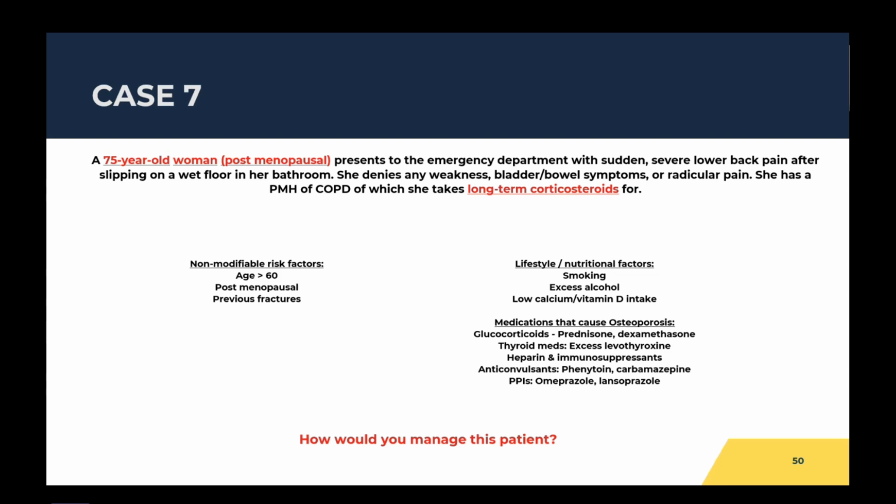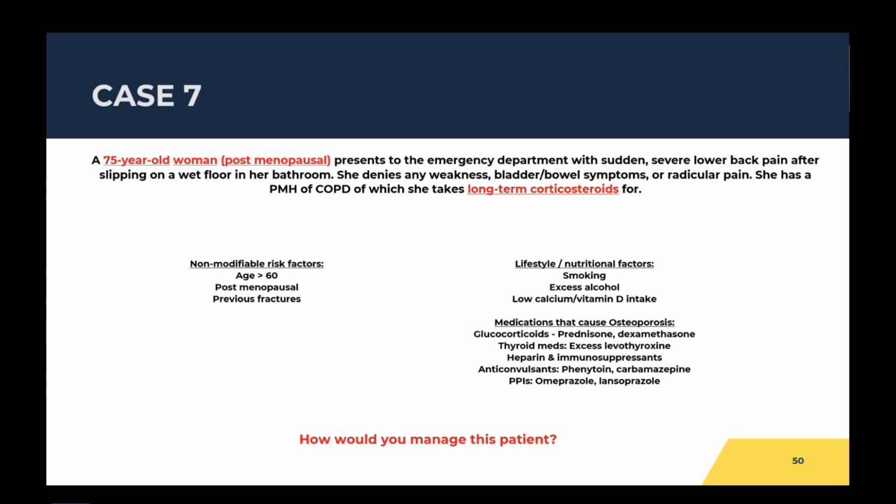In terms of lifestyle, smoking increases the risk, drinking excess alcohol, having low vitamin D and calcium intake as well. In terms of medications to watch out for that can cause osteoporosis, glucocorticoids, so the corticosteroids, prednisolone, dexamethasone.